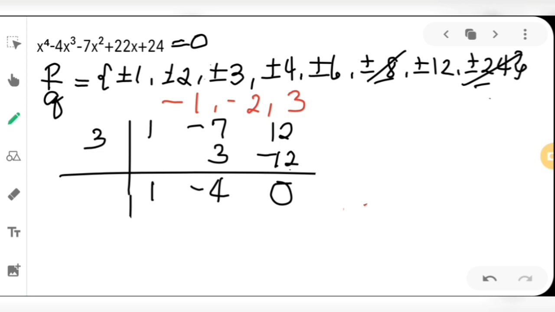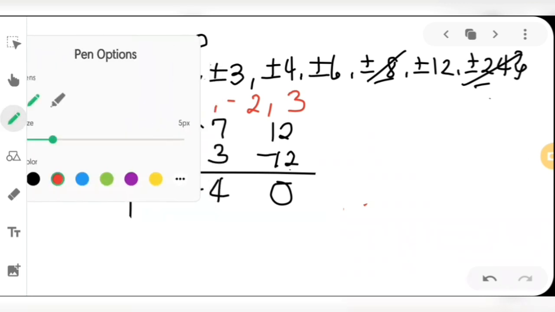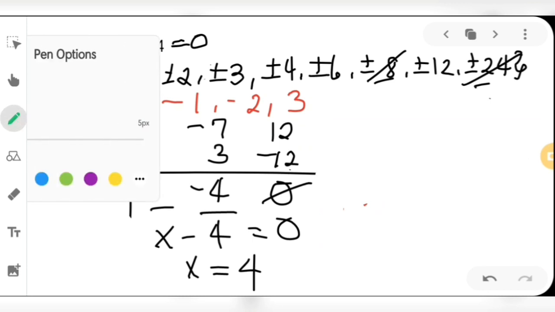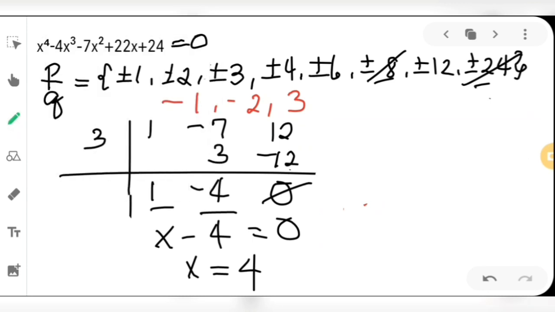Now let us go to the last root, and since we only have 2 numbers left, that is, if you are not going to count the remainder, so we have now 1 and negative 4, we can write this as 1x minus 4 equals 0. So transpose negative 4 to the other side, so we have 4. Okay, so the last root for this polynomial equation is 4.